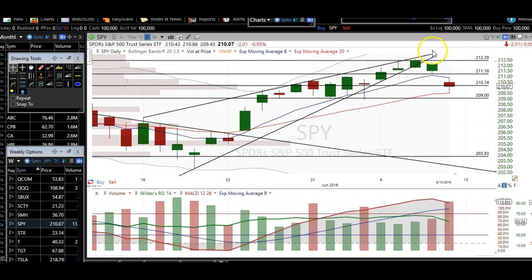Okay, we're at least going to be trading, in my opinion, in a range up here before potentially making a move higher or lower. But more probable is either going to be a range trade up here between 212.40 and 209, or some downside on a break below that 209.